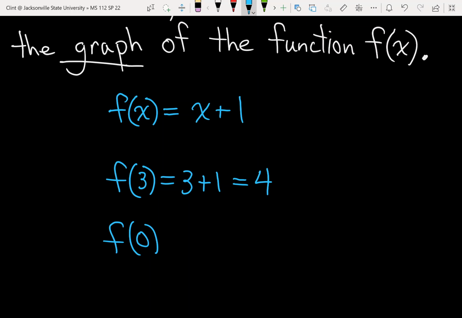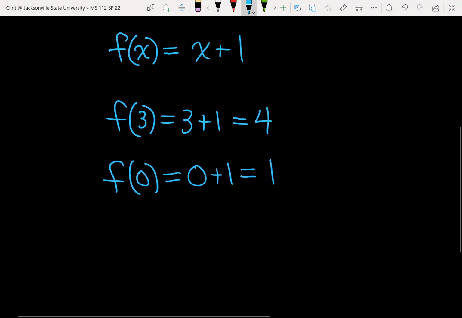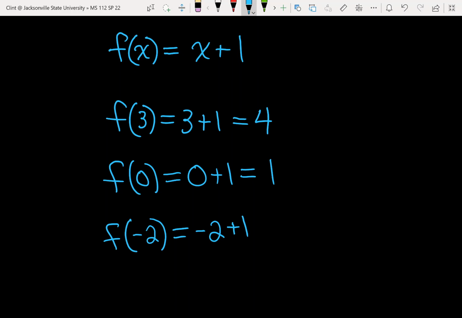If we use 0 as the input, we get 1 as the output. We could do a negative number if we wanted to. Maybe -2 is our input. We get -1 as our output.